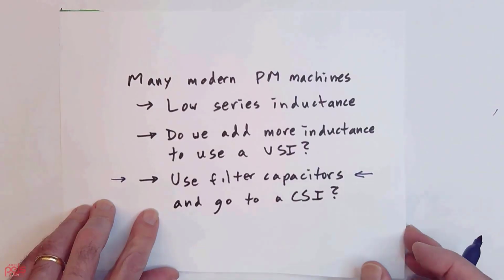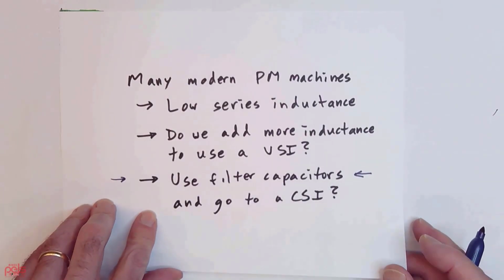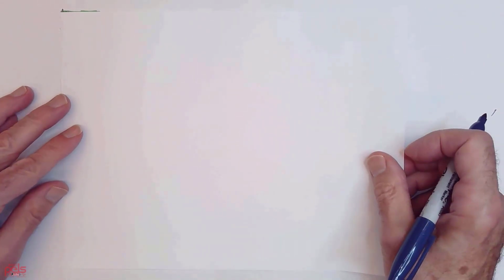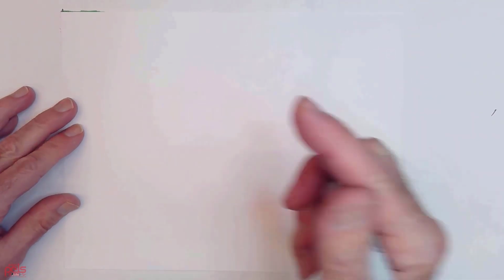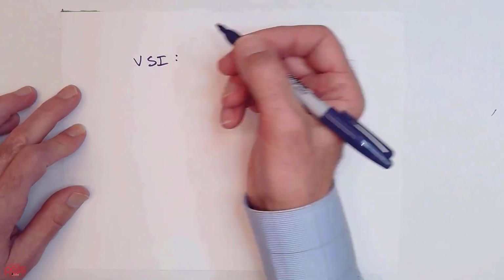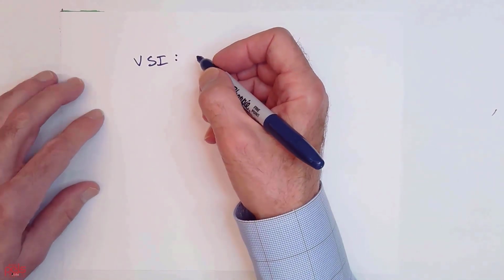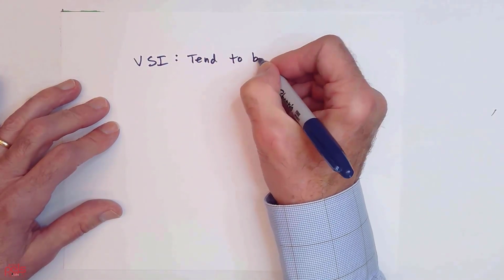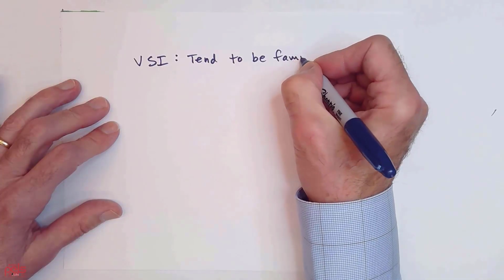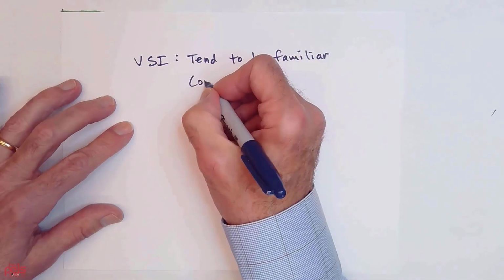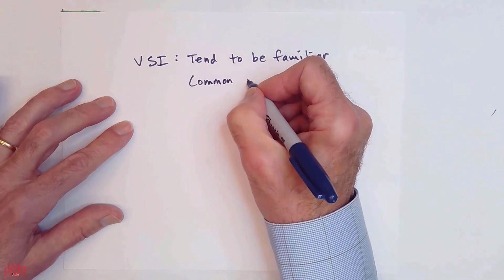So I want to spend just a few more moments here. Let's consider then what the issues might be, right? So voltage source inverters, because of historical basis and so forth, they tend to be familiar, right? And they're very common in AC motor drives.